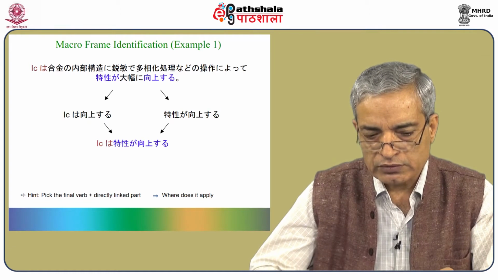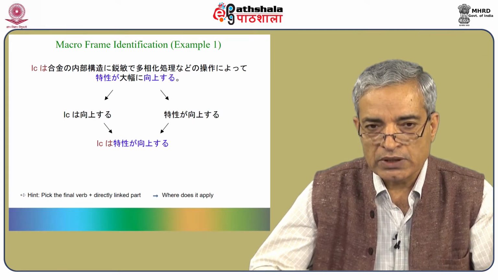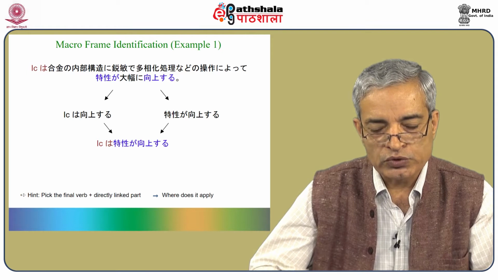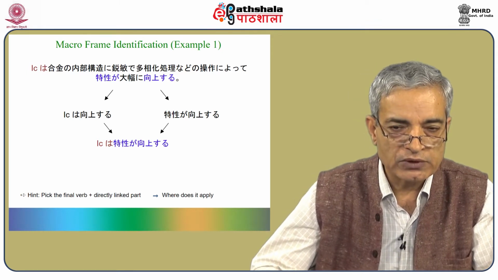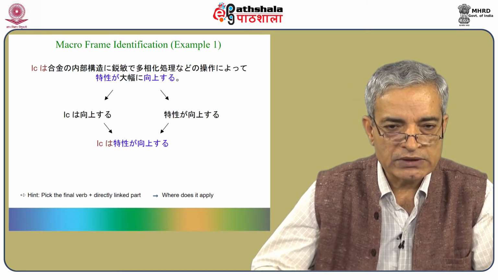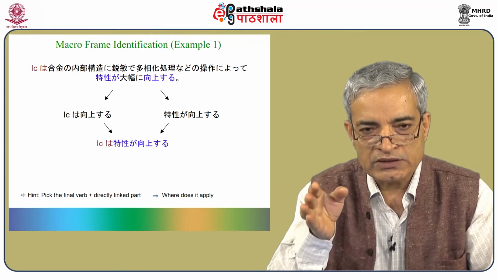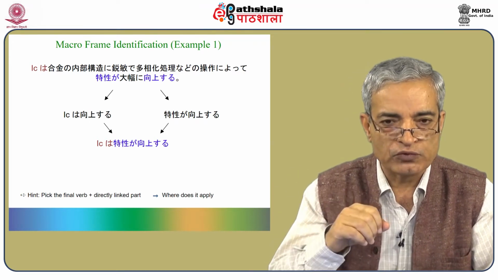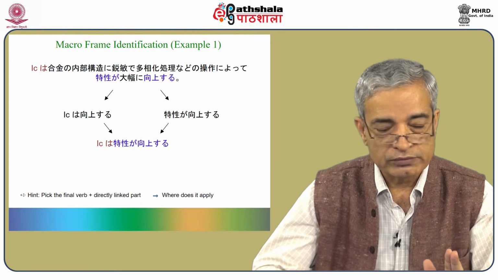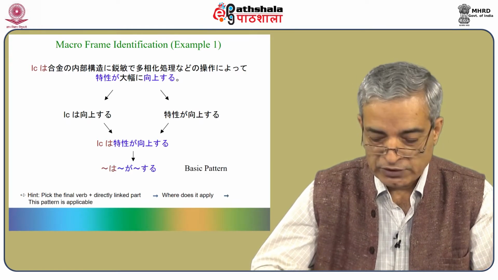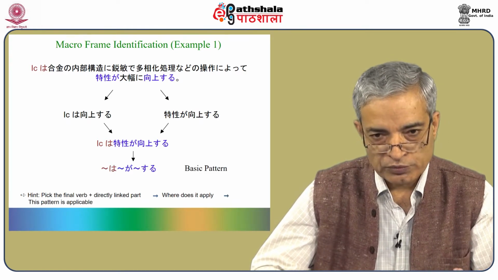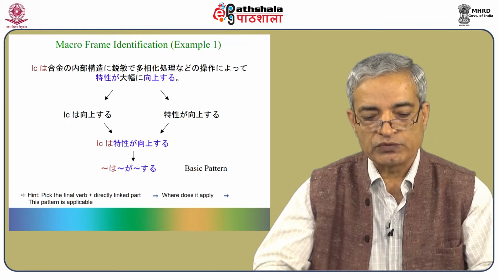Aisiwa kojosuru: IC improves. Okay, no problem. Toksega kojosuru: characteristics improve. So isn't it characteristics of IC, or characteristics in IC improve? Yes or no? Because this is a basic pattern, we need to combine it.